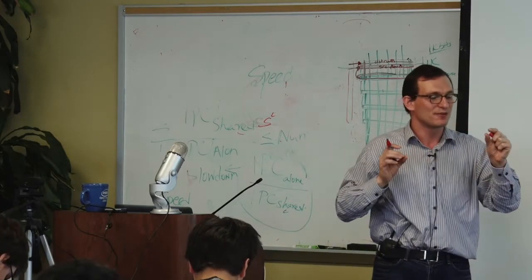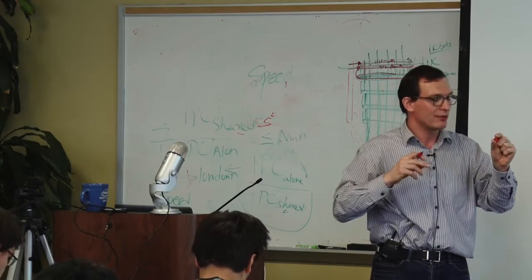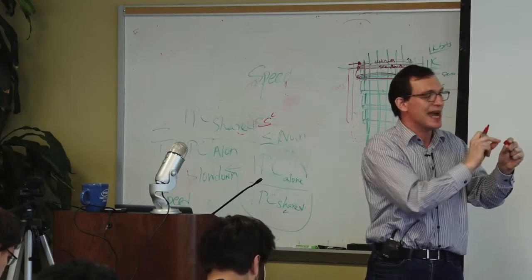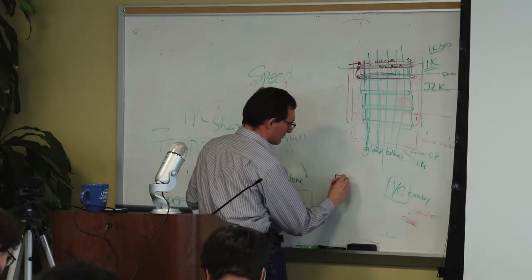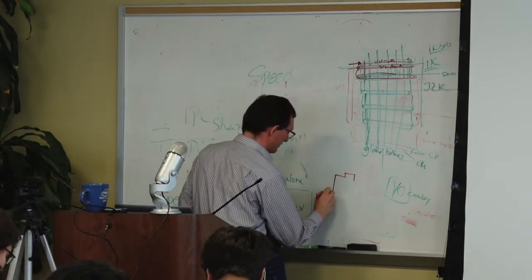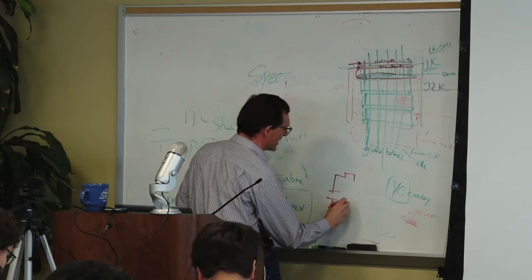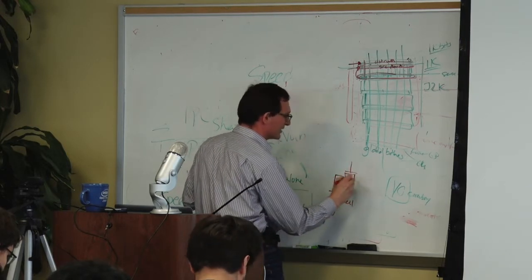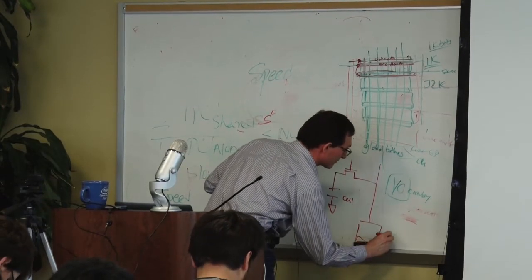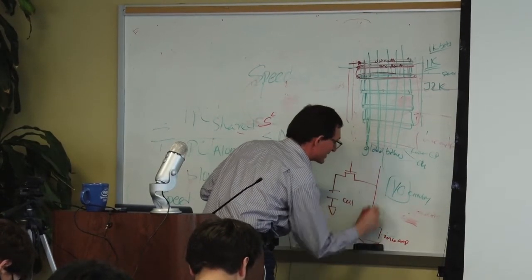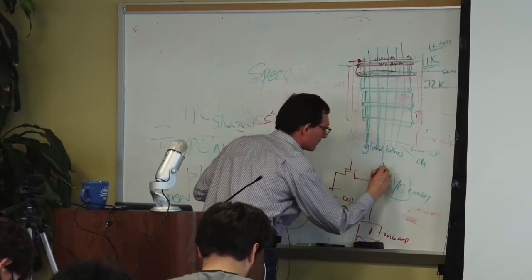So while the sense amplifier is driving the bit line, if you activate the cell, you basically have this is your capacitor, this is the cell, this is your access transistor, this is your bit line, and your sense amplifier over here is driving the cell. Let's say it has a value of 1. This has VDD.